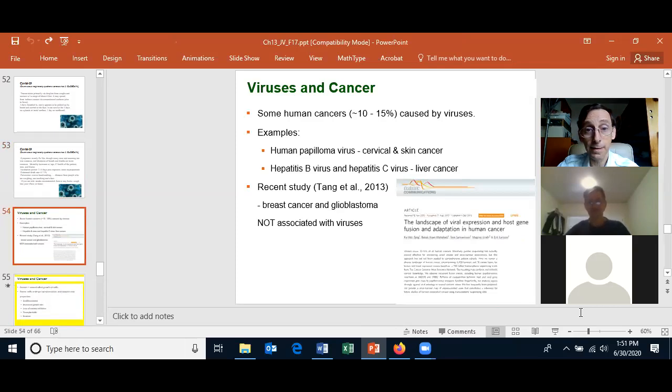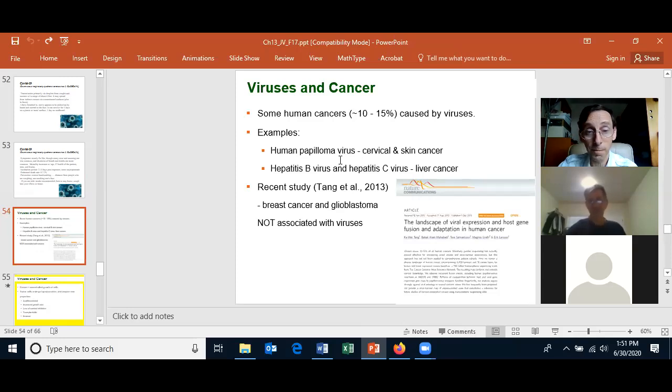Viruses can cause cancer. Cancer is where human cells are changed, we'll say mutated, and then they lose their growth regulation, so the cells are continuously growing. Some cancers are actually caused by viruses, and that's estimated to be 10 to 15% of all human cancers.